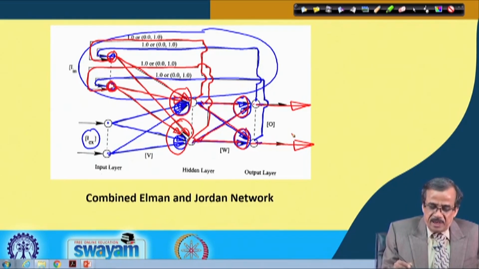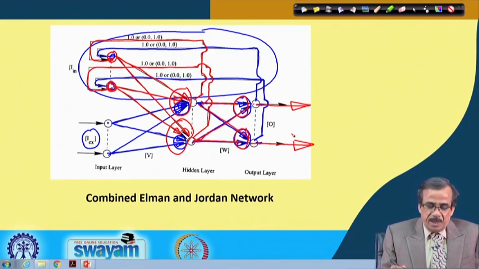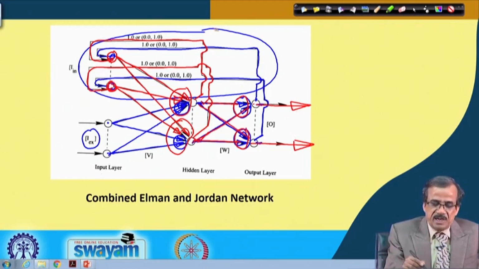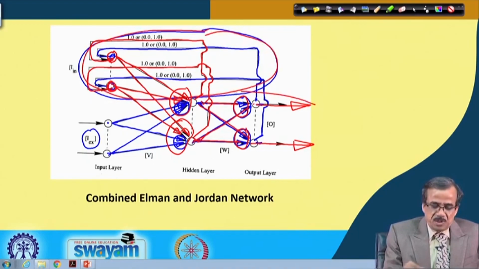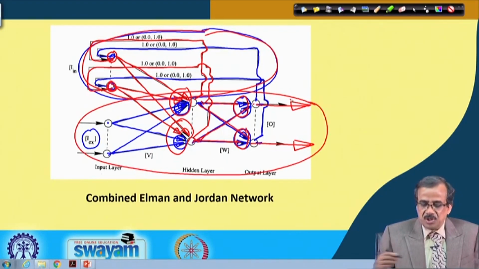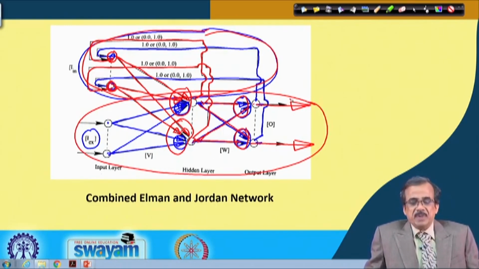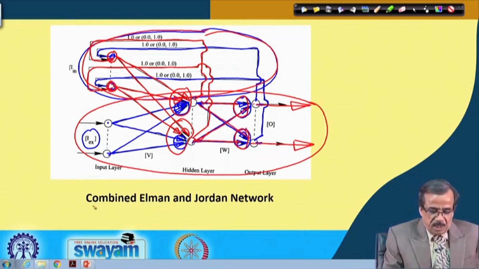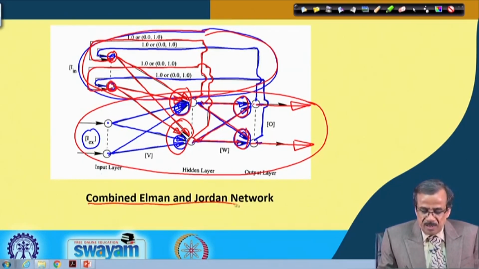Now, this is the way we capture the dynamics of this particular process, and as I mentioned, this is the feedback circuit and this is the feed forward circuit, and both will be working together and we will be getting this combined Elman and Jordan network.